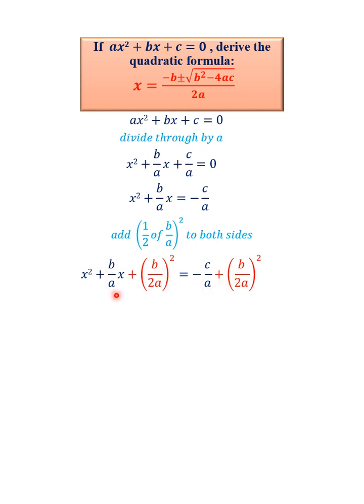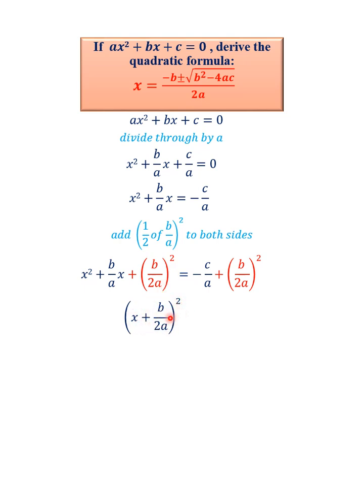Let's simplify the left hand side first. When you have this, all you just need to do is to pick this first term x, pick this sign, pick b all over 2a, and square everything. Pick x without the square, pick this positive sign, pick b all over 2a without the square, and then square everything.